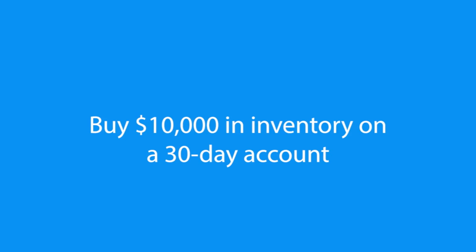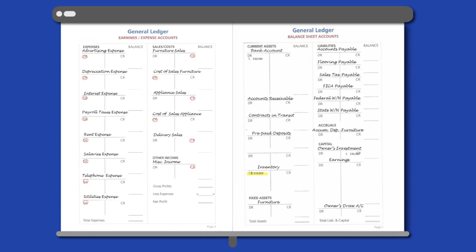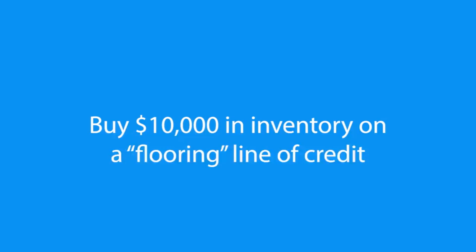No, this is on a 30-day account. We're not paying for it yet. Good. Okay. So we're going to debit inventory, $10,000, and we're going to credit accounts payable, $10,000. Okay. Good.